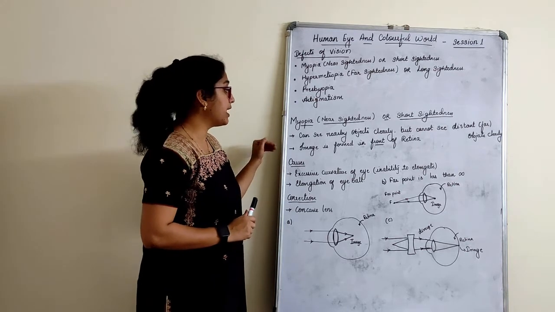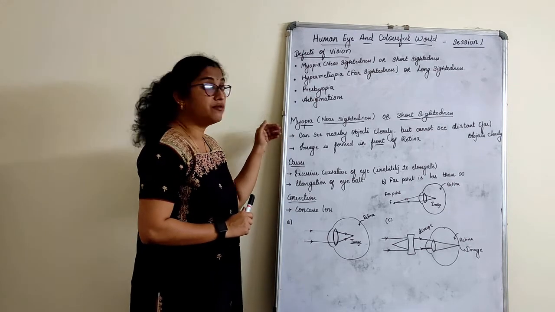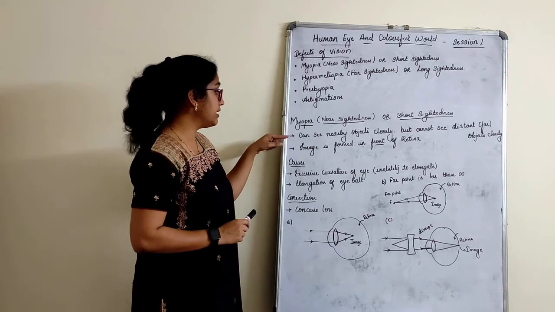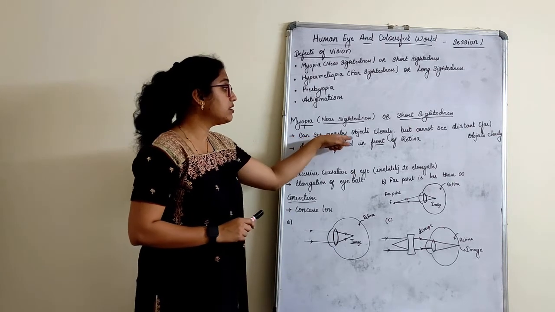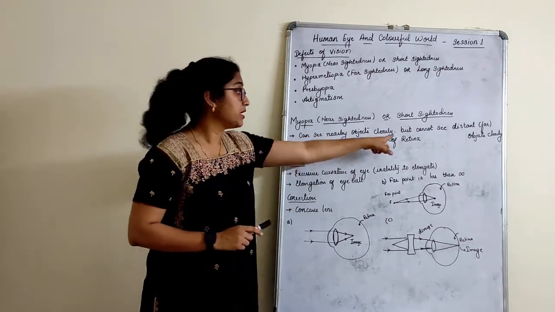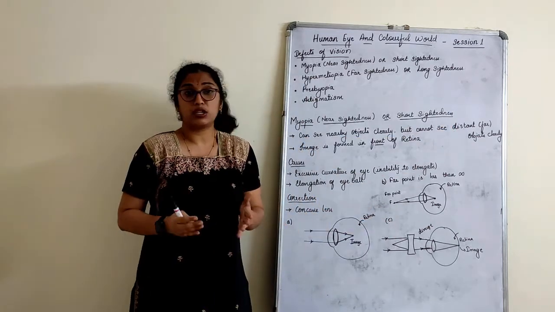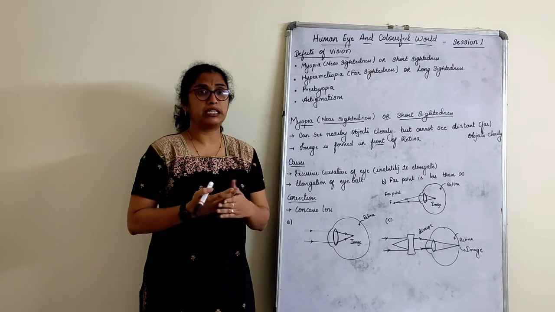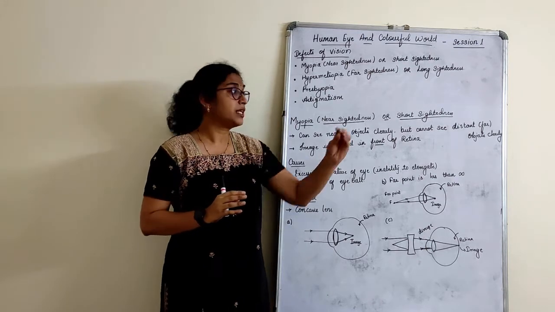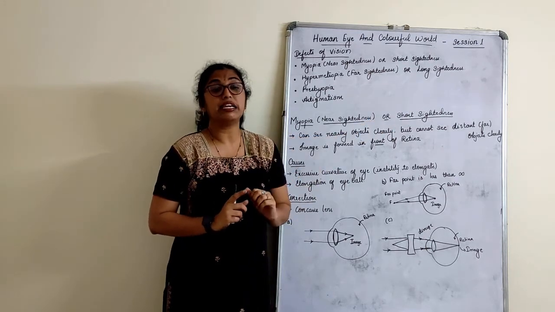A person with a myopic eye can see near objects clearly, but cannot see distant objects. Nearby objects he can see very clearly. Anything which is located far, he cannot see.